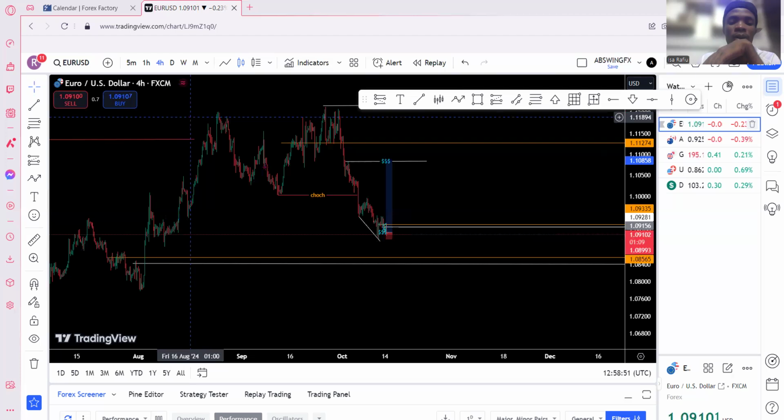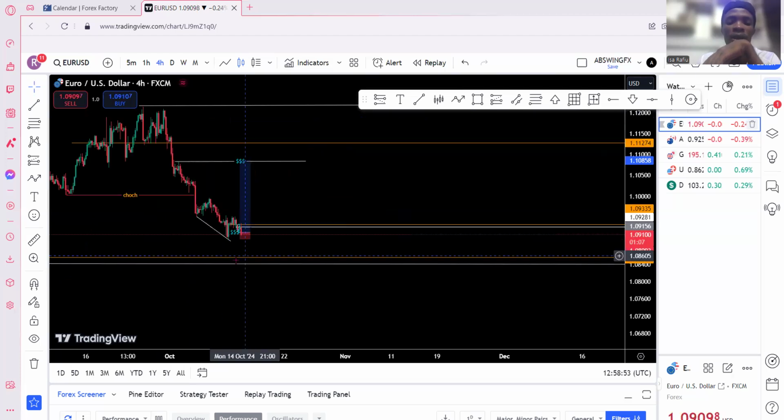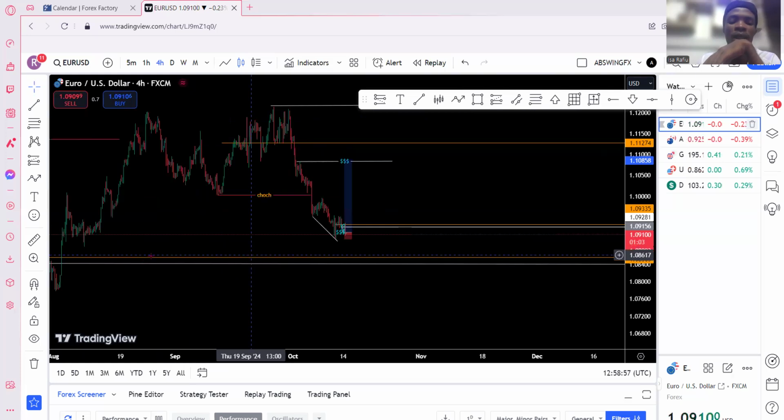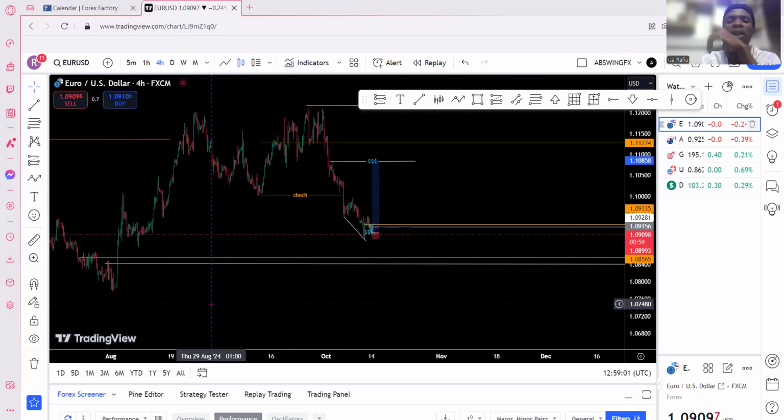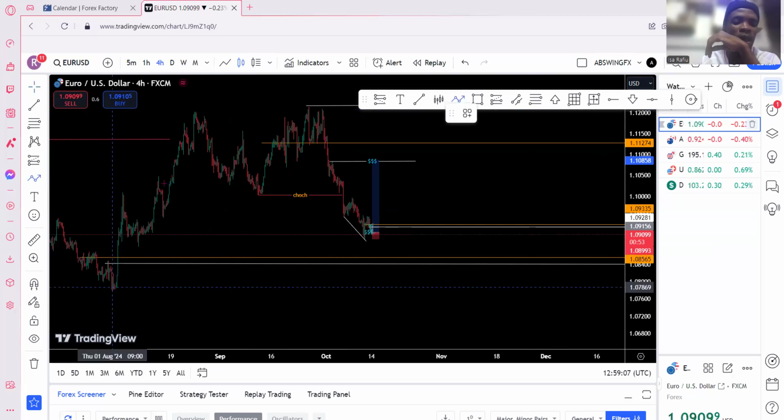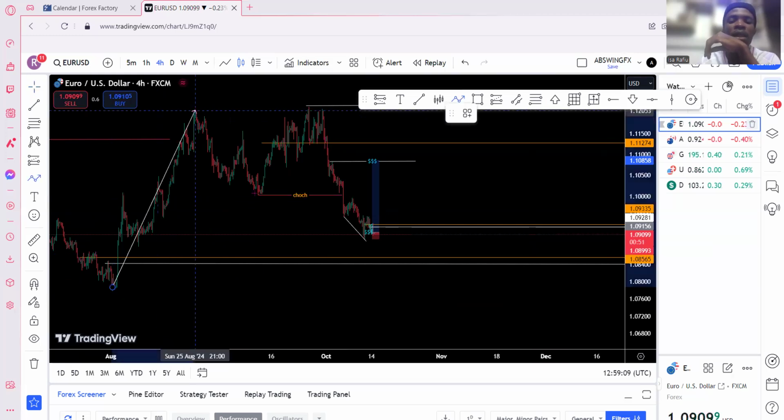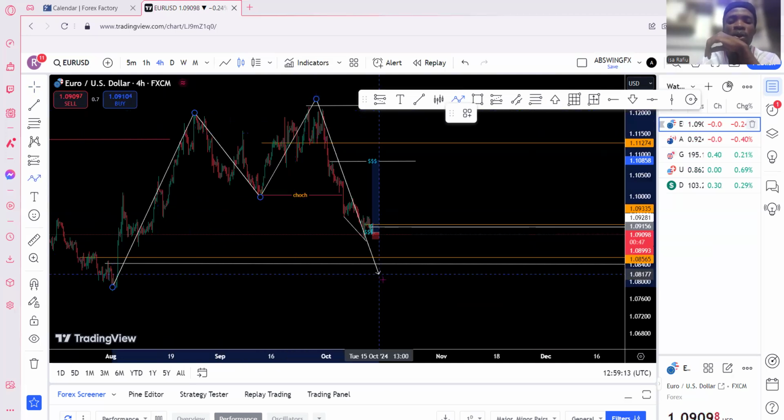So that's how I got this yellow. This is the inflow before. Price makers always love it when they buy from this area. They always love to come to that area before going long.